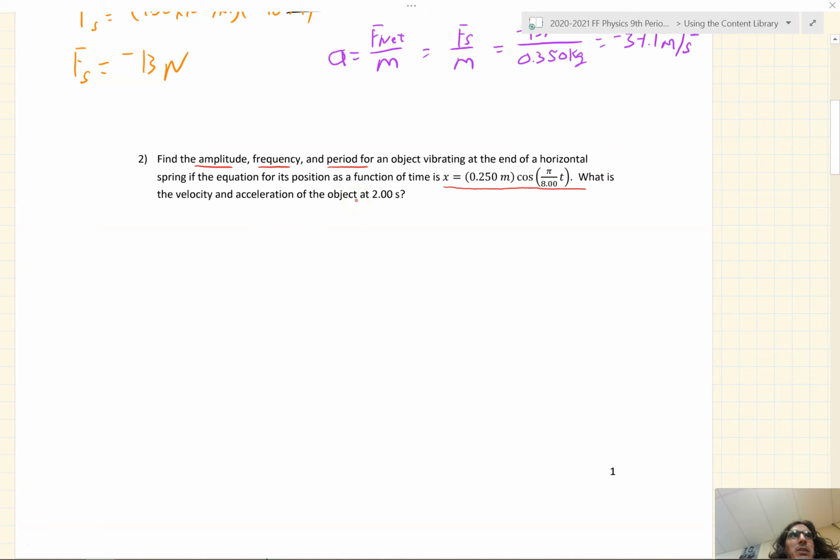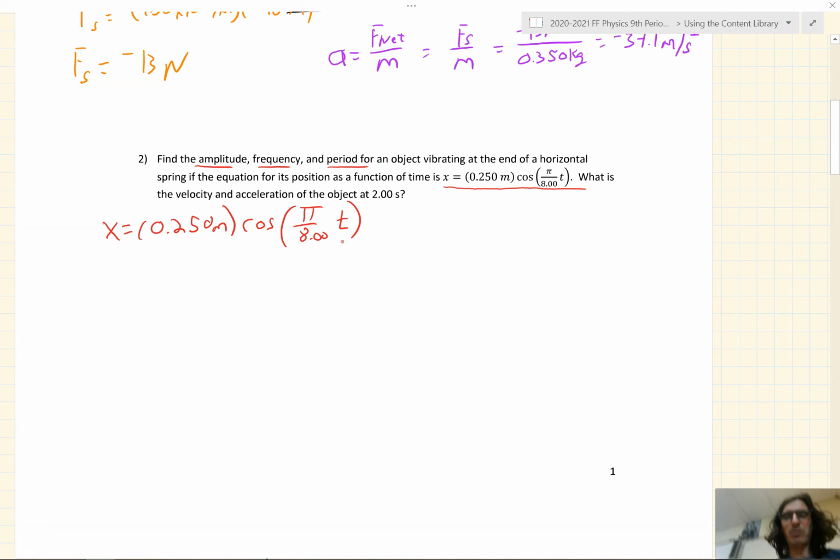Let's write down a formula again that we're given here. X equals 0.250 meters times the cosine of pi over 8 times t for time.